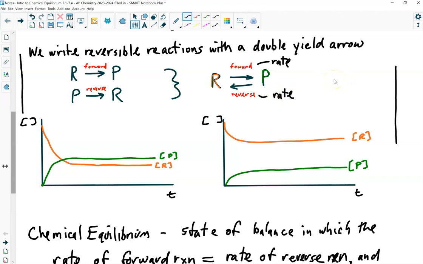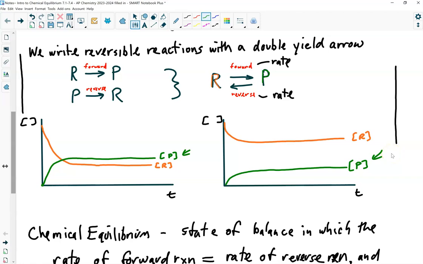So you have the same amount, molarity-wise or pressure-wise if you have gases, going backward and forward at the same time, right? And so in this case, you can end up with product concentration greater than reactant concentration, but again, it's going to remain constant when you have the same amount of reactant becoming product and product becoming reactant, so the concentrations will remain the same.